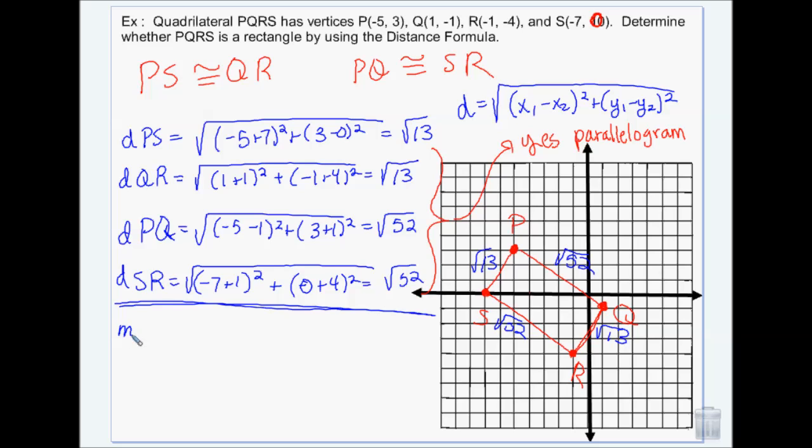So the slope of PS, remember it's y2 minus y1, so I'm going to do 0 minus 3, and then negative 7 minus 5. So I get negative 3 over negative 12, so that's 1/4.